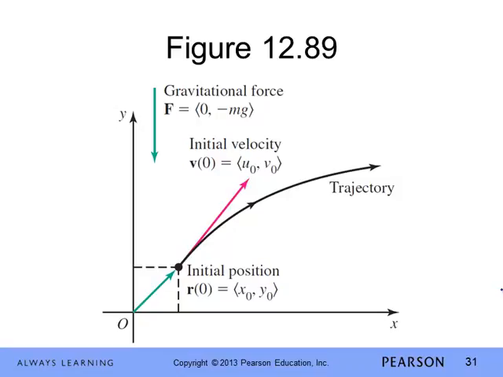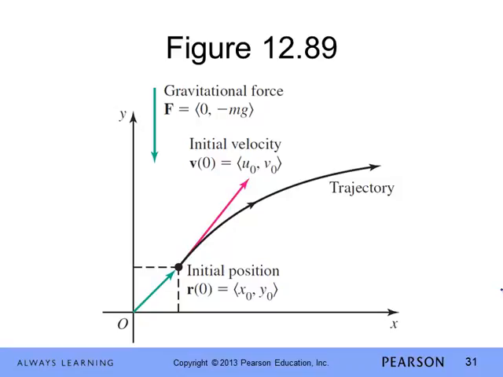So the x sub 0 plus u sub 0 t is going to be the x component of motion. And the y sub 0 plus v sub 0 t minus 1/2 g t squared will be the y component of motion.